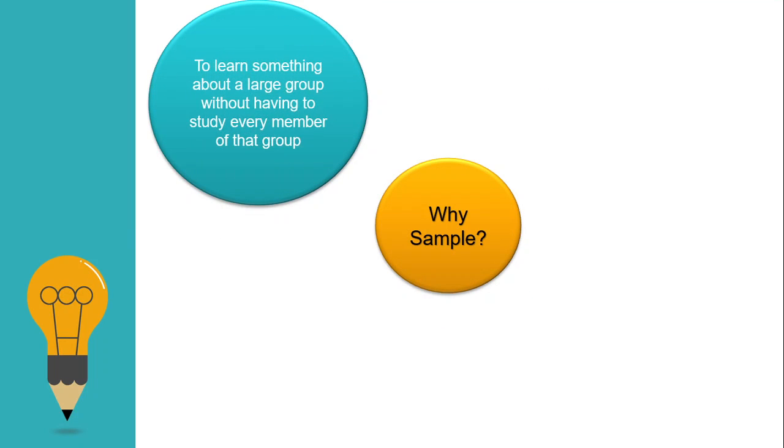Why do we sample? It is very important for a researcher to collect information. Without information, without a survey, we cannot analyze the data and we cannot understand the population characteristics. That's why we sample: to learn something about the whole population without having to study every member of the group.